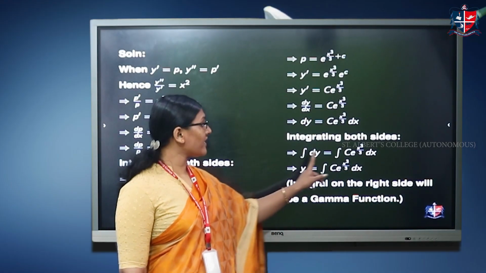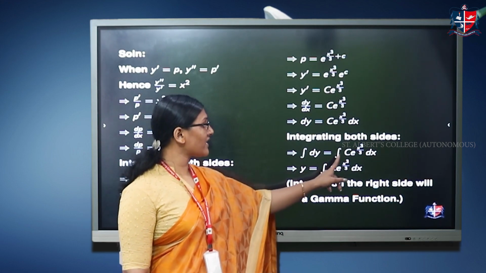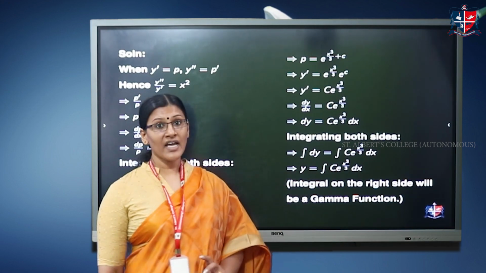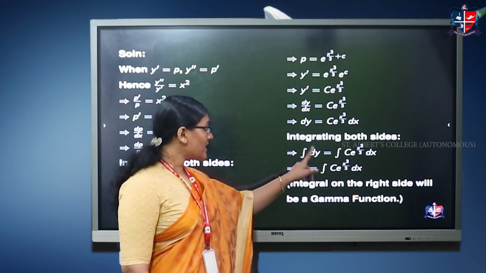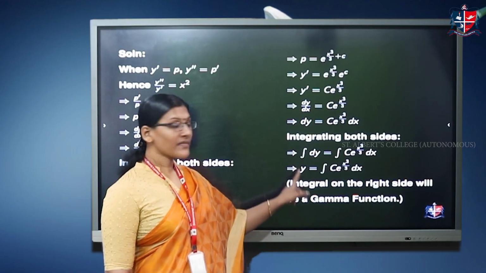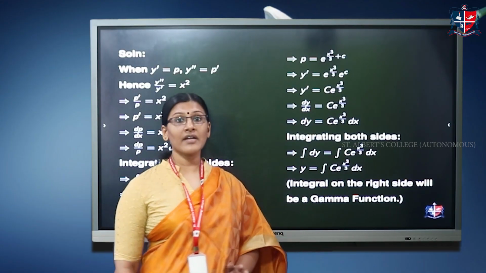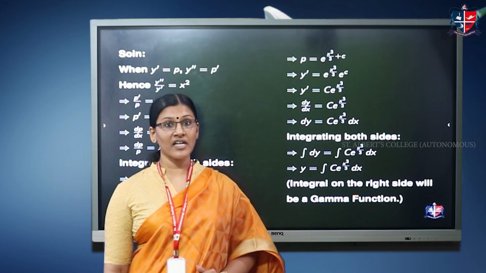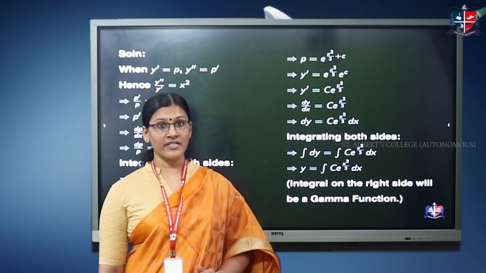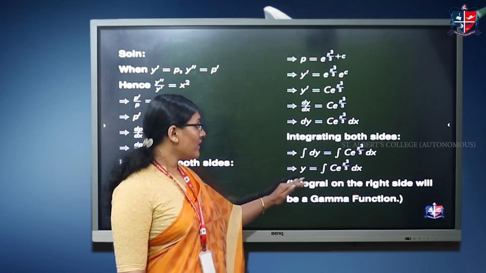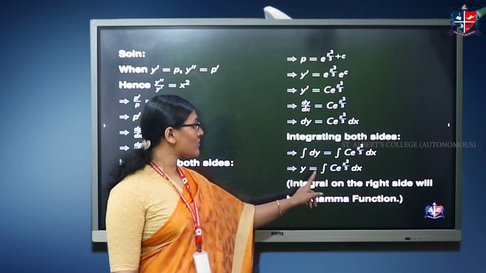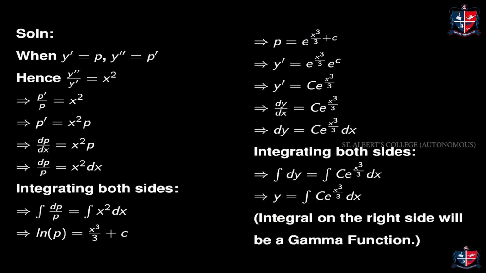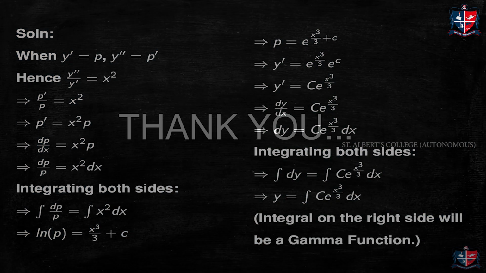Integrating both sides, we get integral dy equal to integral C e raised to x cube by 3 dx. Integral dy is y and the integral on the right hand side is a special function related to the gamma function. So the solution is y equal to integral C e raised to x cube by 3 dx.